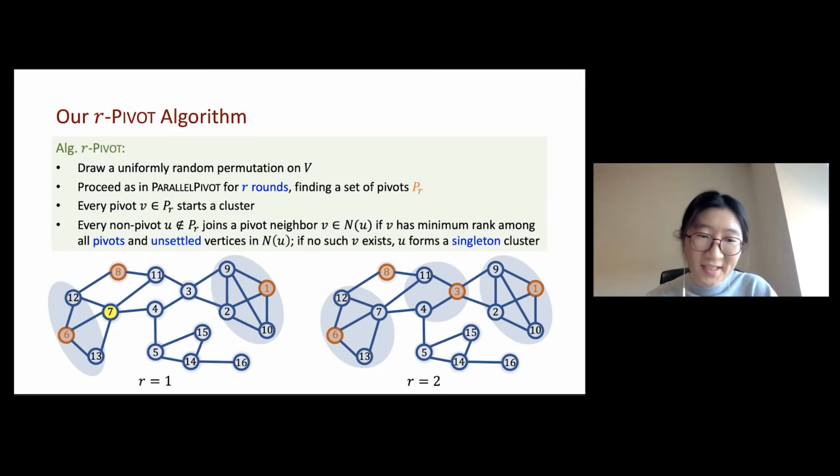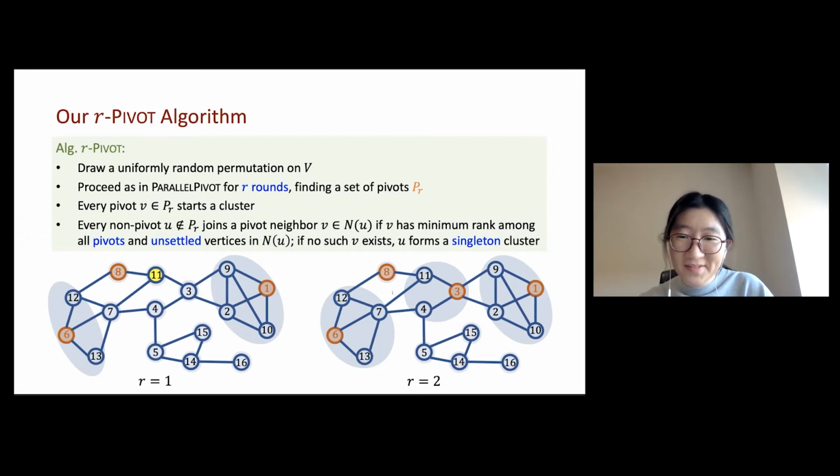That's because this vertex 7 has another unsettled neighbor 4 with smaller rank than 6. And similarly, this non-pivot vertex 11 doesn't join the cluster of 8 because it has another neighbor 3 that has smaller rank. And this vertex 3 is not settled in the first round, in the sense that it itself is not a pivot and it's not connected to any pivot found in the first round.